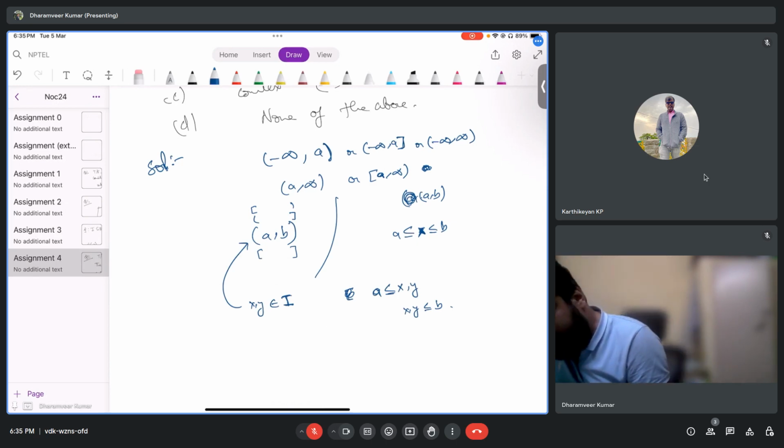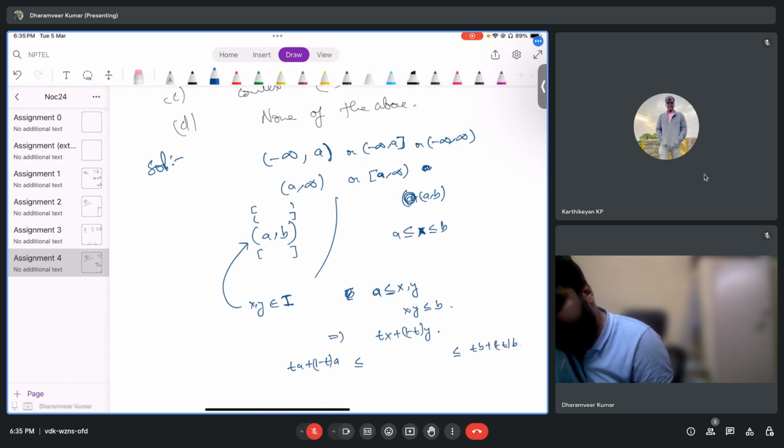And this implies that tx plus (1 minus t)y would be less than or equal to, greater than or equal to, this thing.